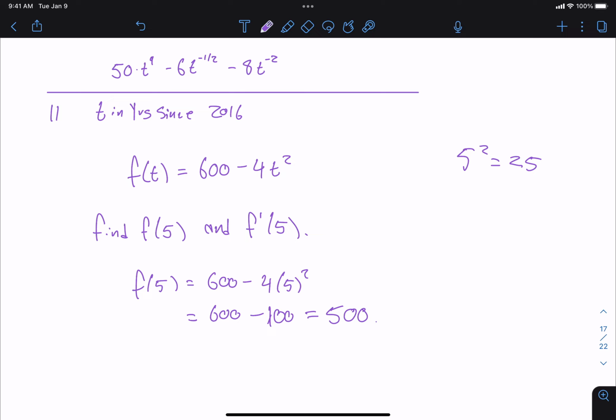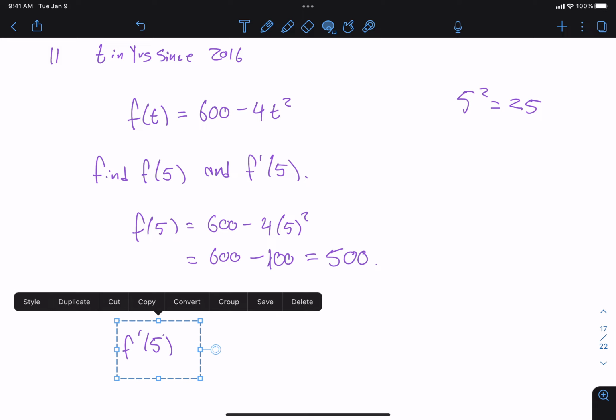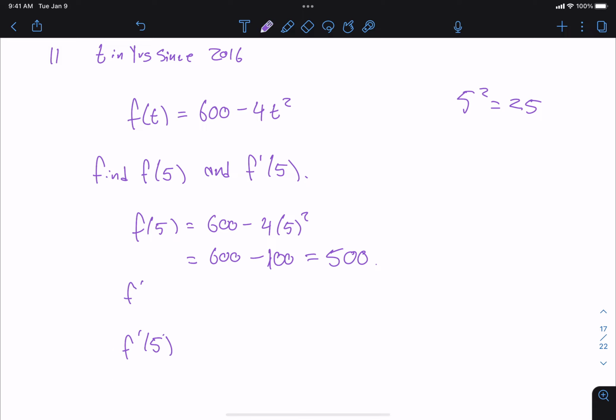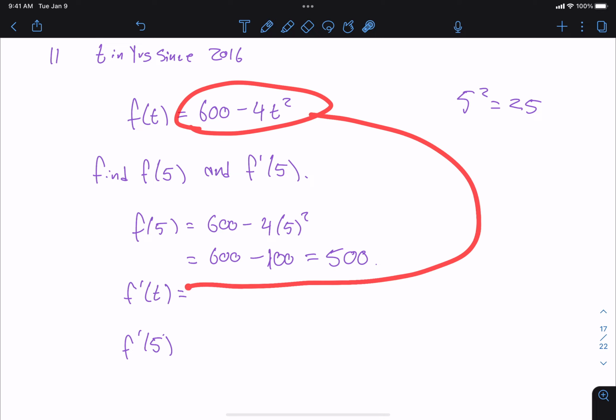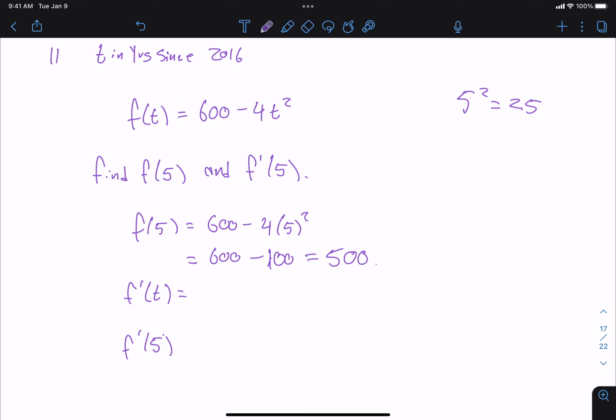All right, and then for the f prime of 5, what we have to do first is figure out what is f prime of t. We're going to take the derivative of this and write it here. The 600 just becomes 0.